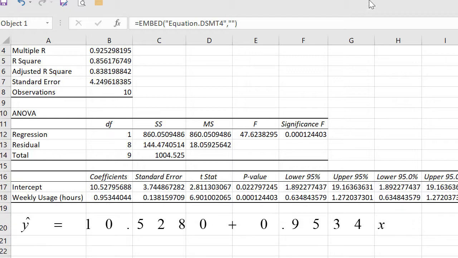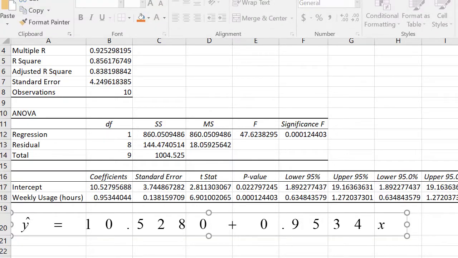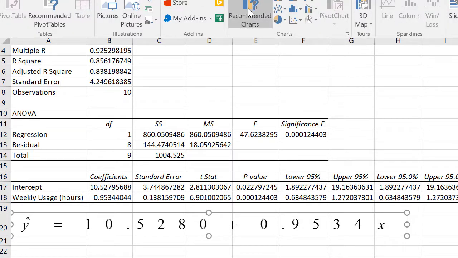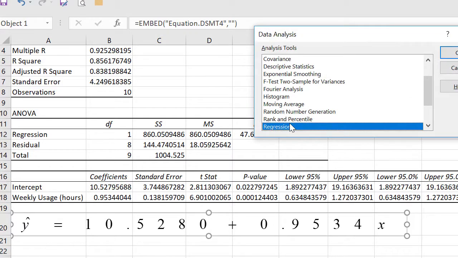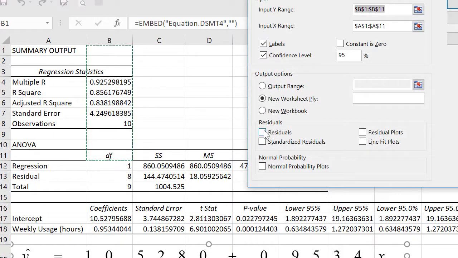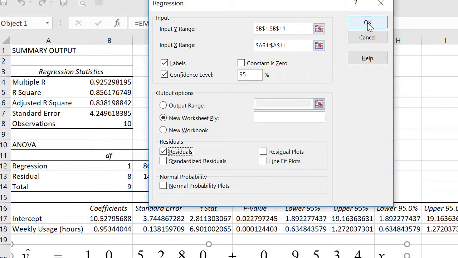So we can go back and add in our residuals. I'm going to go to Insert, go to Data, Data Analysis, choose Regression again, and now I'll plot the residuals. I'll click OK.